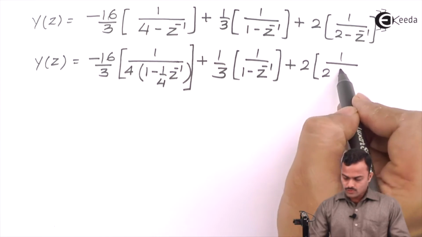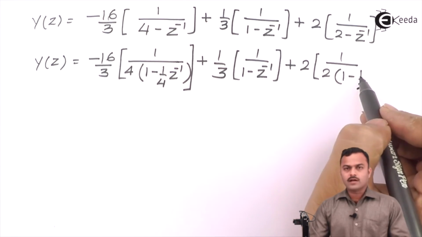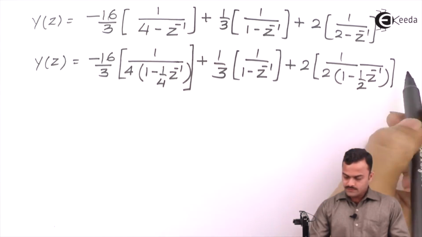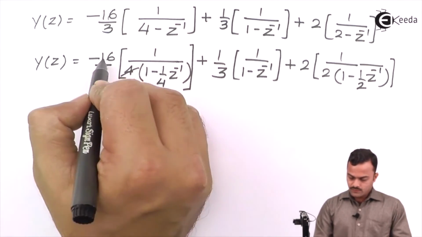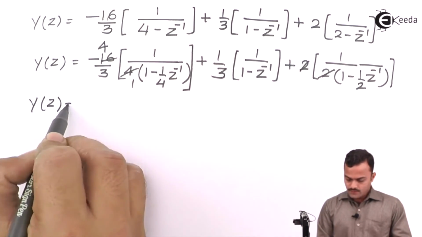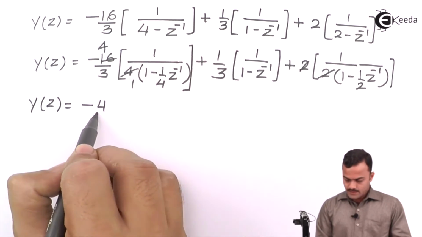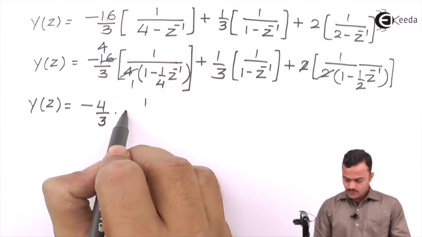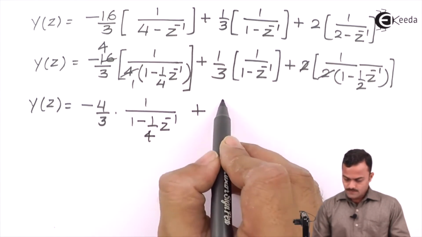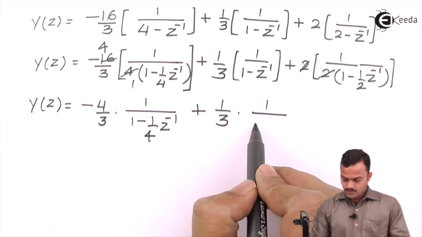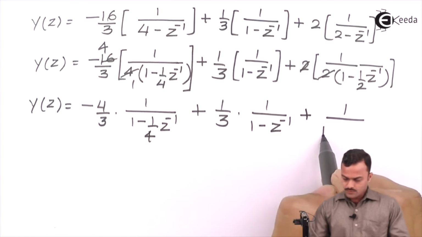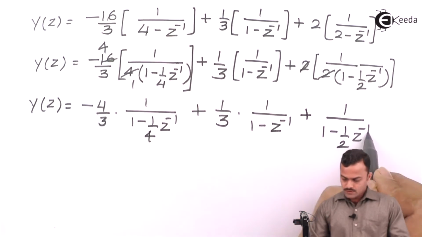Here I need to take 2 common, so that in the bracket 1 minus 1 by 2 z inverse will be left. So I can cancel this 4, I can cancel this 2. So in the end, Y of z will be minus 4 by 3 into 1 upon 1 minus 1 by 4 z inverse, plus 1 by 3 into 1 upon 1 minus z inverse, plus 1 upon 1 minus 1 by 2 z inverse.